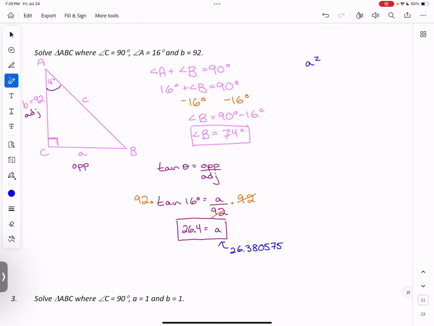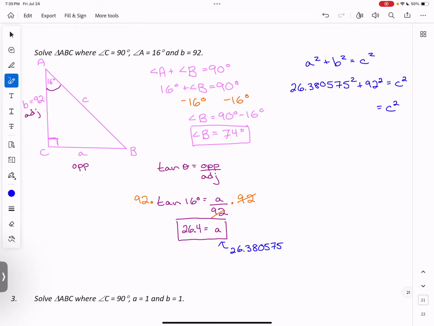And so we know a squared plus b squared equals c squared, and we're looking for c. So a we found to be 26.380575, or again, just keep that stored on your calculator, plus b, which is 92 squared, and that equals c squared.